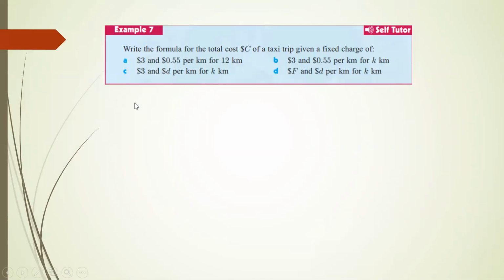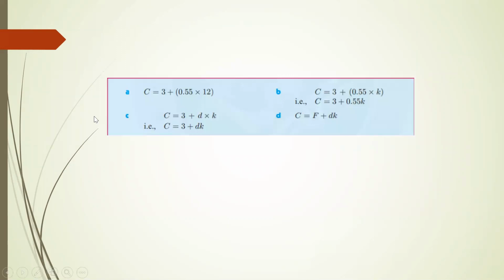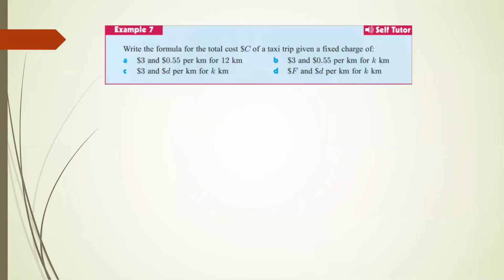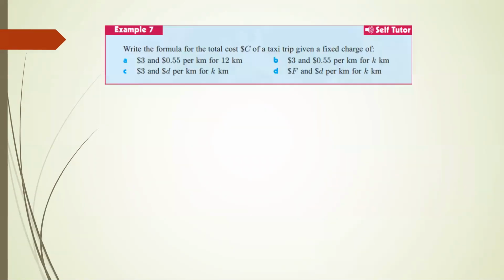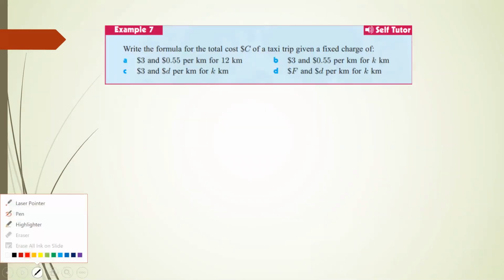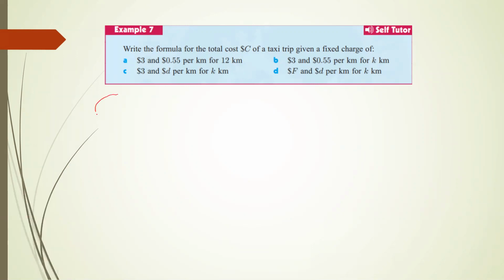Here we need to write the formula for the total cost of a taxi trip given a fixed charge. So let's start with A. The cost of a taxi trip is 3, that's in the beginning of the trip, plus 0.55 per kilometer for 12 kilometers.